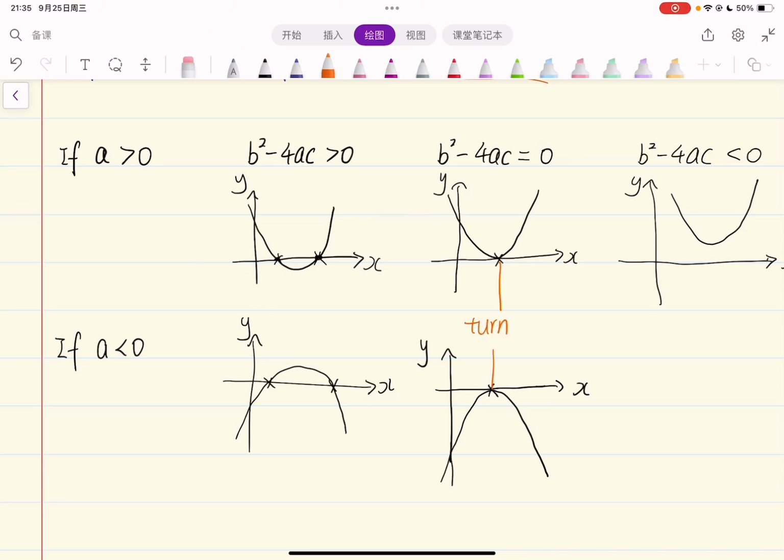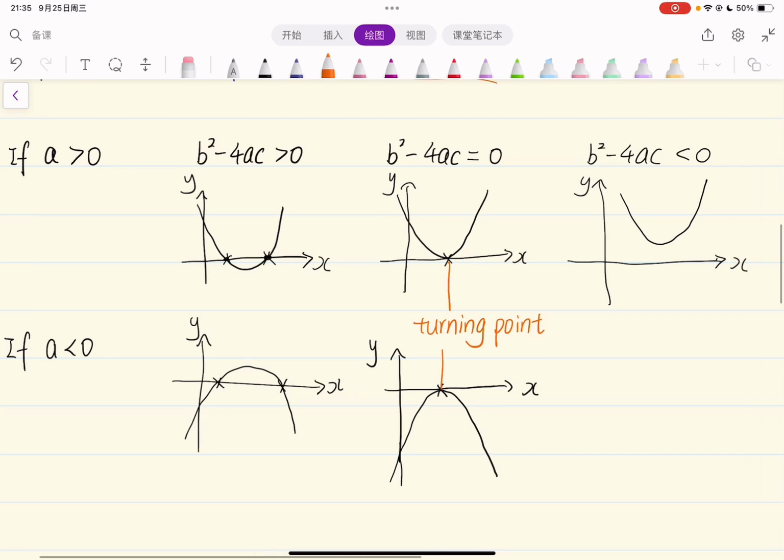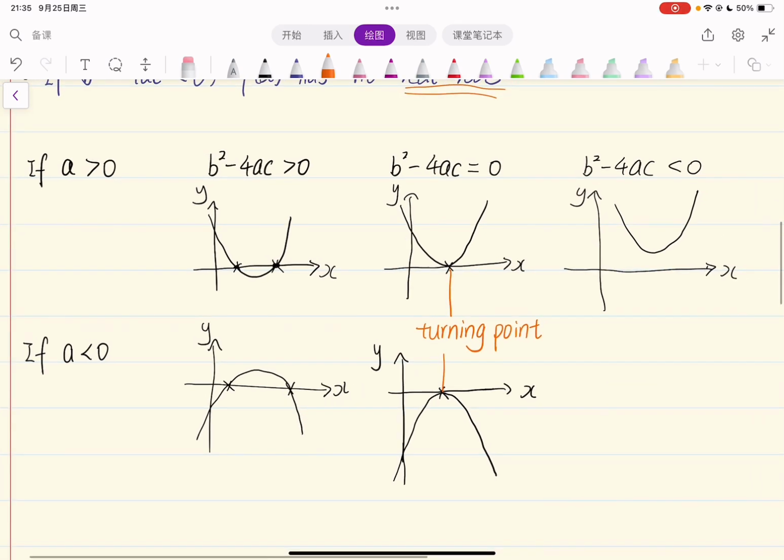Turning point. And when b squared minus 4ac is less than 0, the graph looks like that. Totally, we don't touch the x-axis.